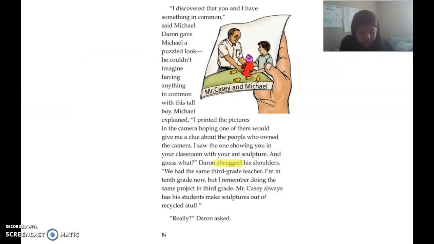On page 14, I want to look at one last one. Let me see if I have one on page 15. No, I have one on 15 and 14, so let me go over 2 more. This word here, puzzled. The base word is puzzle, and it ends in that silent E, so I drop the E and add ED. So I added this right here.